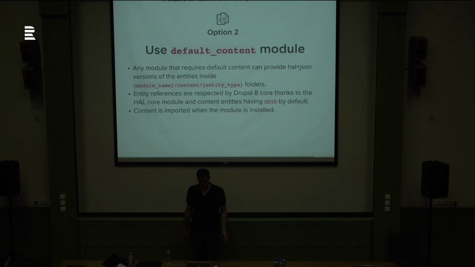Option two is to use the default content module. When you install a module, it can have content. So in the module's folder, there is a content folder, and there you can have nodes or taxonomy terms. It's a JSON format with HAL JSON from core, and it uses the UUID to detect which one it is, and it just dumps everything as REST would do, essentially.